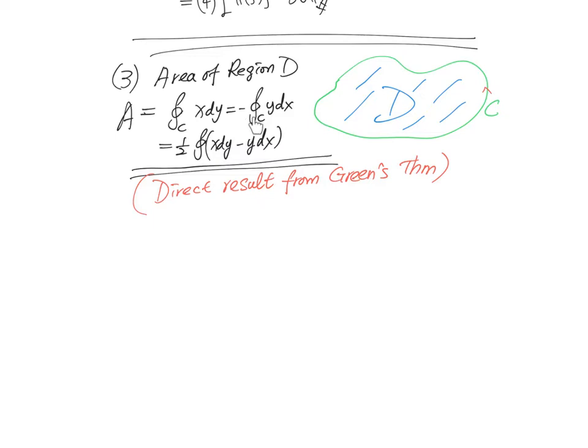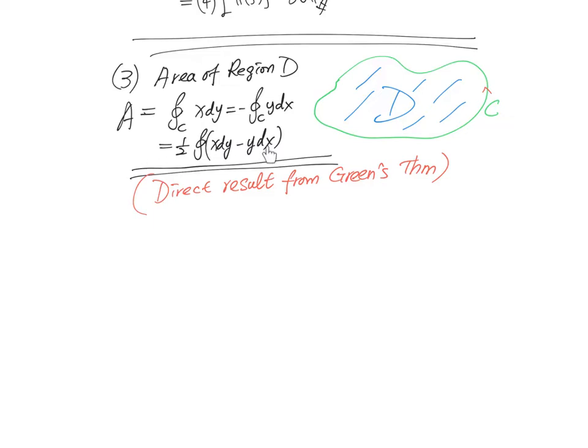Qx minus Py is 1. So this one also equals the area of the region D. So these two added together equal 2 times the area of D, and then divided by 2, this is just the area of the region D.